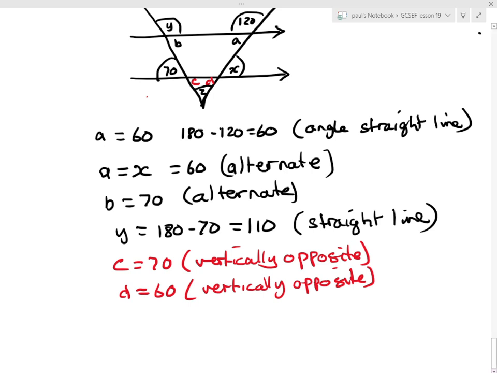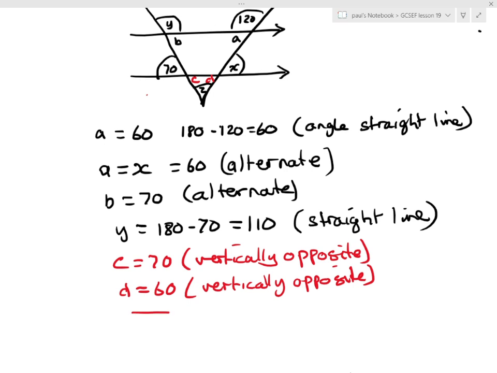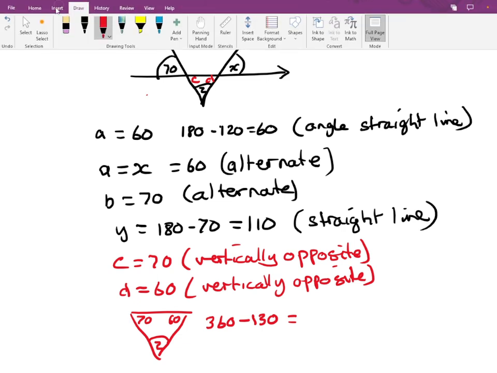Now I'm going to expand that little triangle at the bottom there. So I've got that bottom bit, and C is 70 and D is 60. So we've got to find Z down there, and we know that if we do 360 minus the sum of these two, which is 130, we will end up with, what will we end up with? 360, where did I get that from?